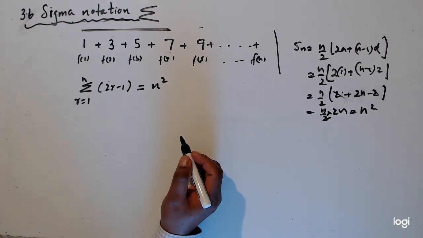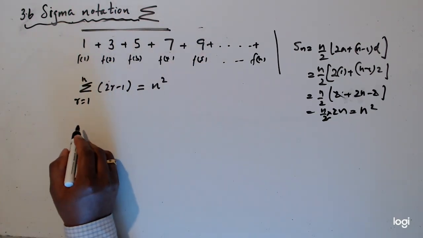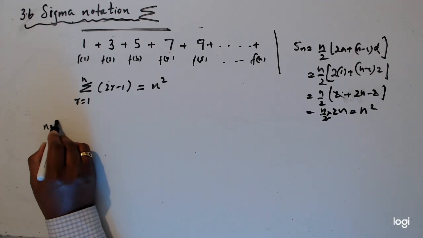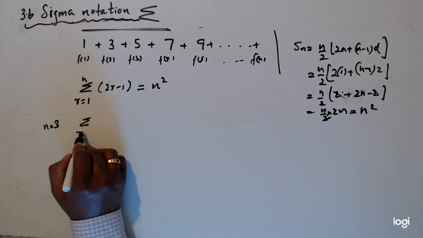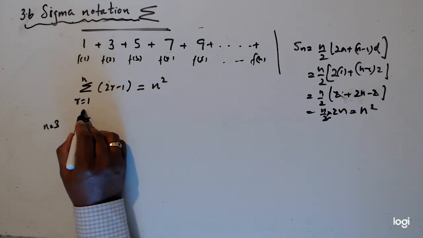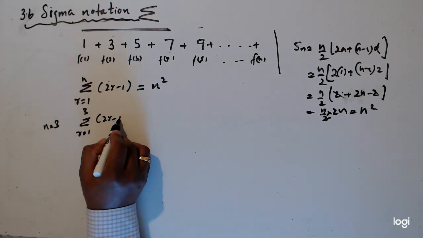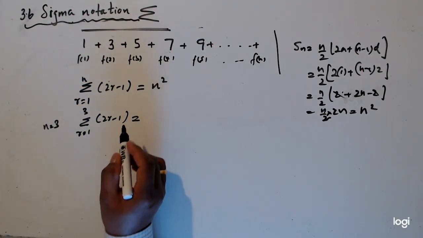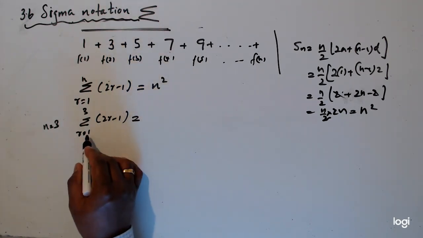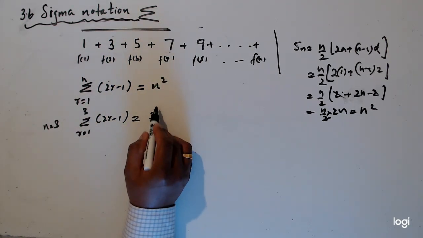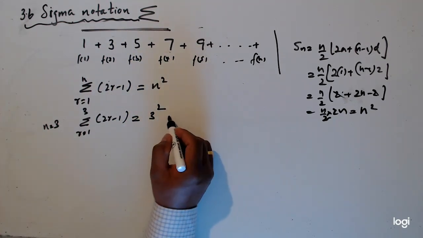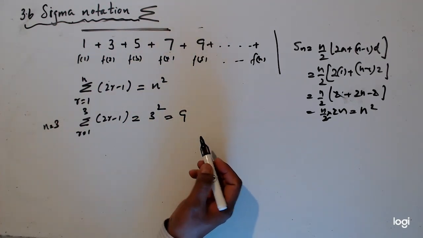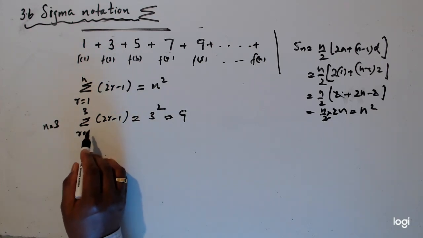Let's see whether this is true or not. Let's take n equal 3. r equal 1 to 3 of 2r minus 1. We can simplify: 3 square, n equal 3, so that is 9. So we have to add 3 terms.